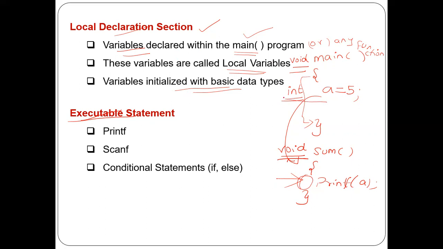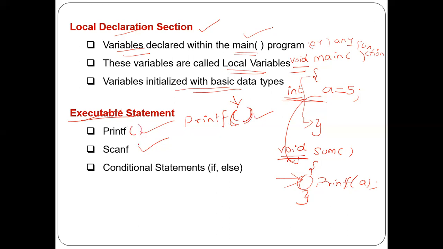Once you declare the variable, after that you will execute with it. The executable statements are printf and scanf, which are functions. Actually you have to write like this: printf is a function, because anything you write with brackets like this is a function.